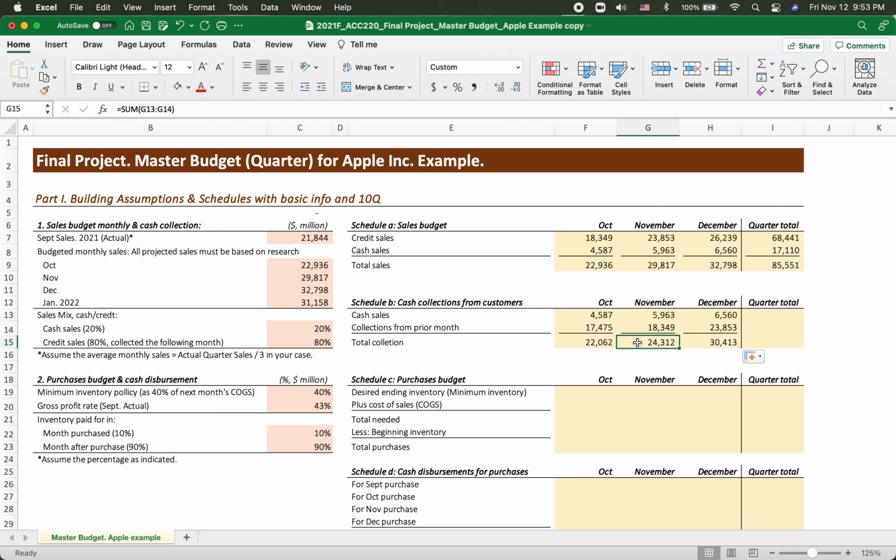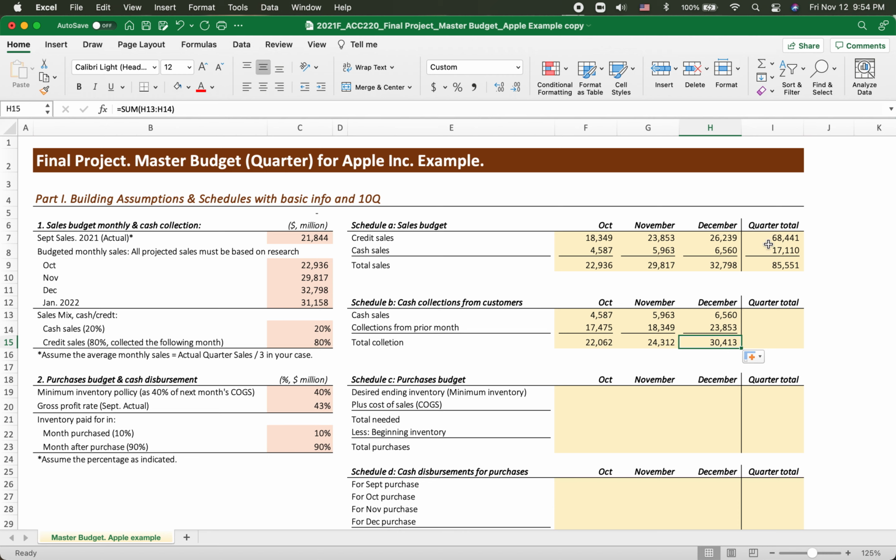So you have to manage the actual cash amount on hand in order to avoid some cash shortage. December as well, you got the total sales 32 billion, but actual cash collection is 30, right? So you have to explain the cash management skills in terms of comparison between the total sales and the total collections.